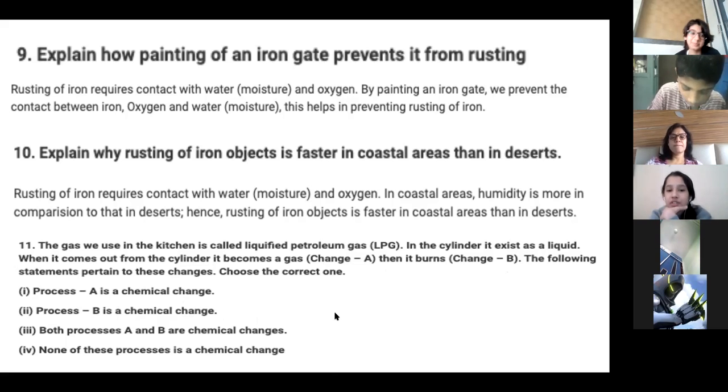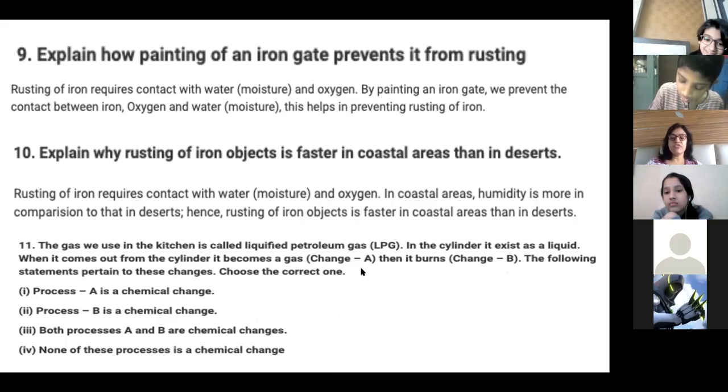Ma'am, how does a liquid change to gas? You said when gas is involved, it will be a chemical change. But gas is not being formed. Gas is already there; it is called liquefied petroleum gas. In the cylinder it is in liquid form at high pressure. When it comes out of the cylinder to the burner, it changes into gas.